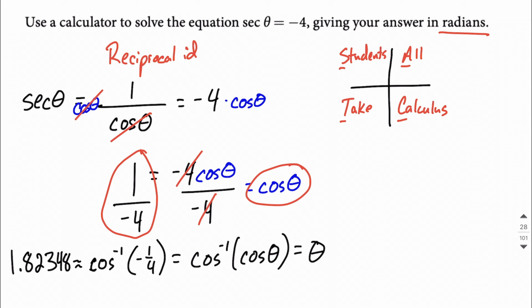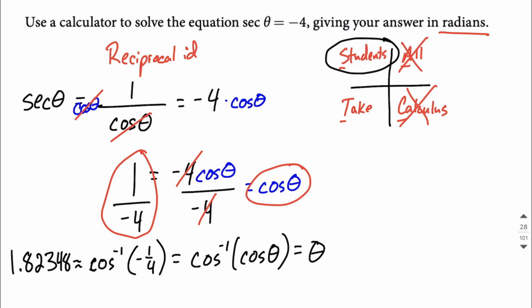Because cosine was equal to a negative number, it cannot be in the first or fourth quadrants. If we were dealing with sine or tangent equal to a negative value, applying that inverse function would return a value in the fourth quadrant. Ours, however, is not in the fourth quadrant. Ours is in the second quadrant.